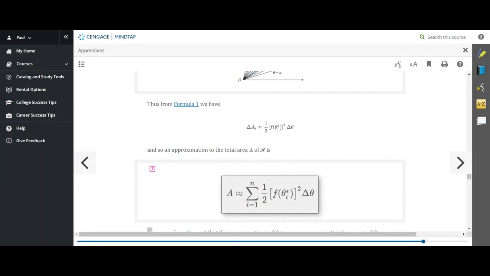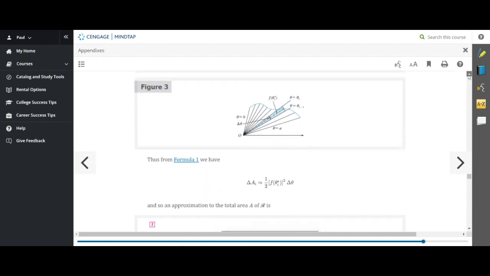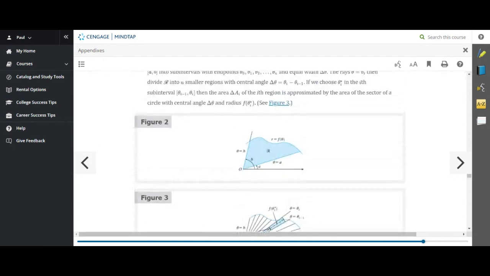You have n sectors of a circle, each with different radii. You find the area of each of those sectors and add them, and that will approximate the area under the polar function, the area here in figure 2.